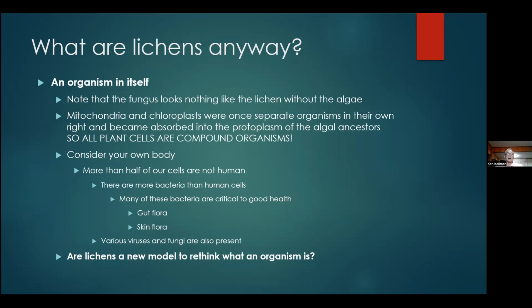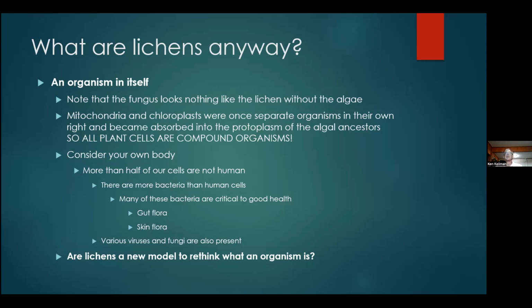The DNA in mitochondria, the DNA in the chloroplast, and the DNA in the plant cell nucleus, all of that DNA is different. So every plant cell is a compound organism in its own right. Now, consider your own body. I'm going to keep making this argument that lichens are an organism in their own right. More than half of our cells are not human.